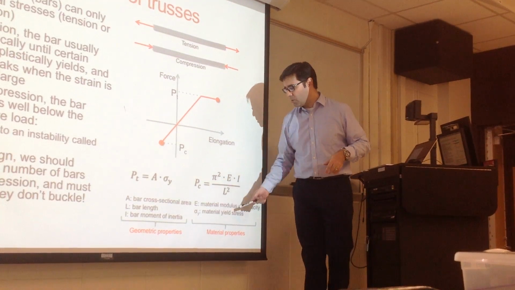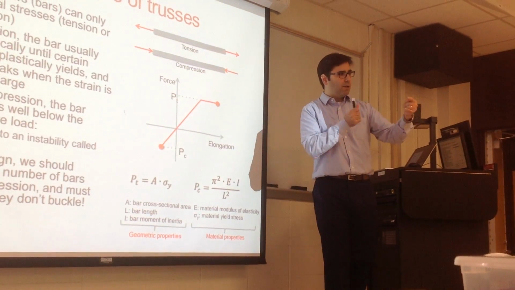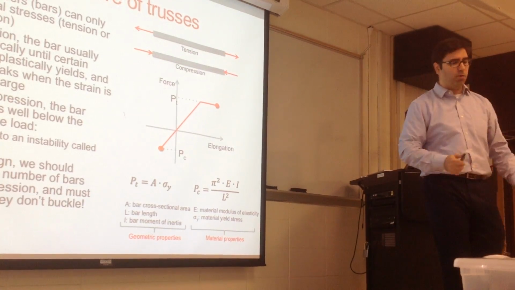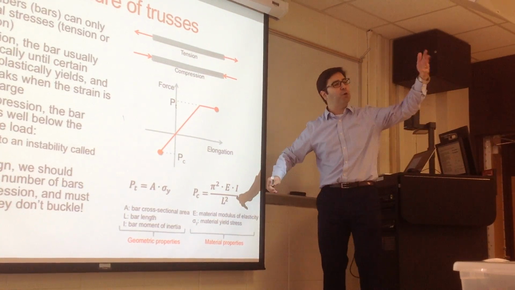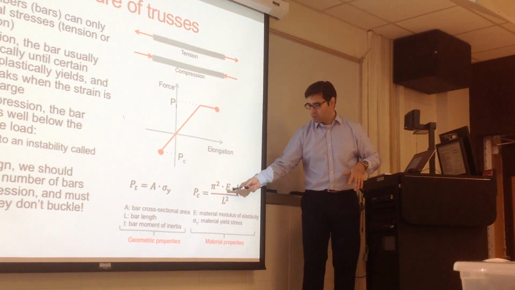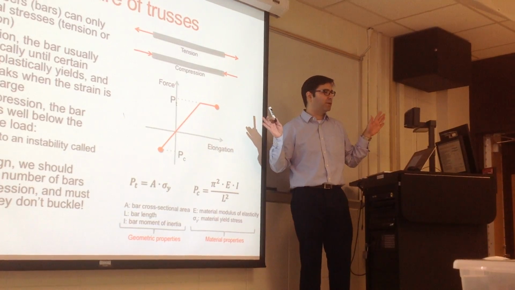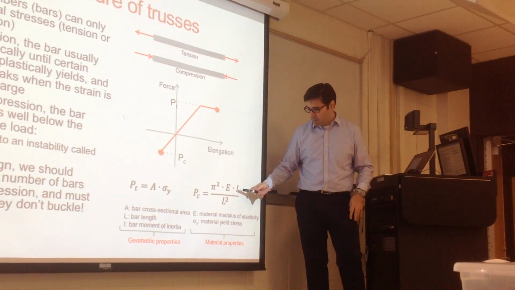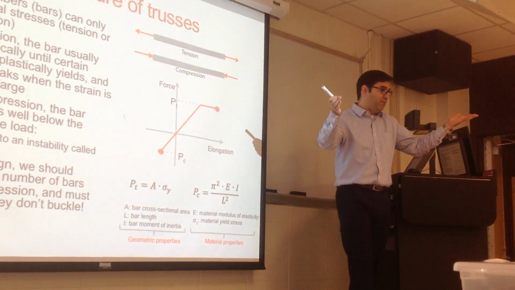Now, if we are under compression, this critical load or buckling load is given by this formula that eventually you will learn where it comes from, but intuitively we can discuss today. E is a material property, so you cannot touch it. Pi is 3.14.